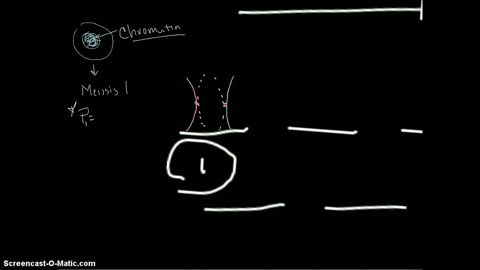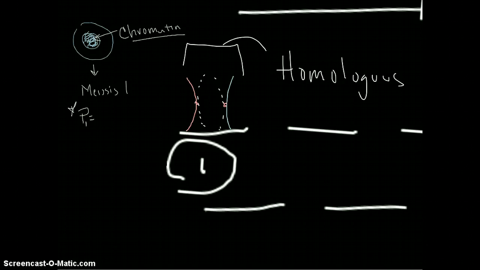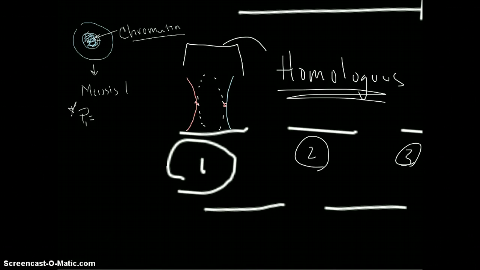Now, what I want to do is, in prophase 1, we want these guys to get together. These two pairs are homologous. They are similar. The coding for chromosome 1, we'd have the same thing chromosome 2, chromosome 3, all the way up to the 22 autosomes and the 23rd sex chromosome.